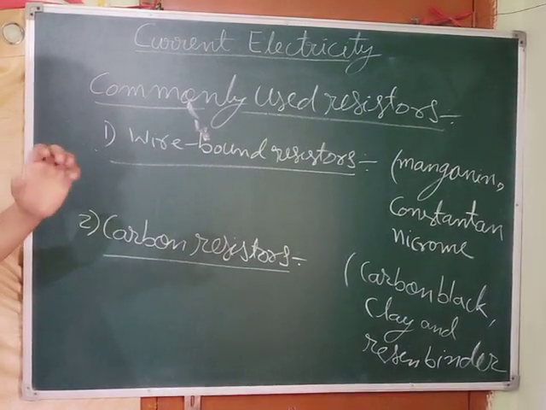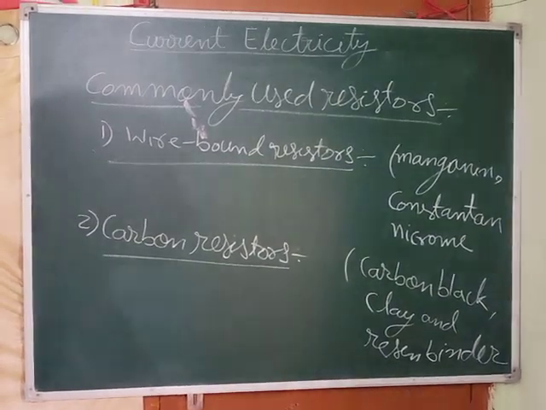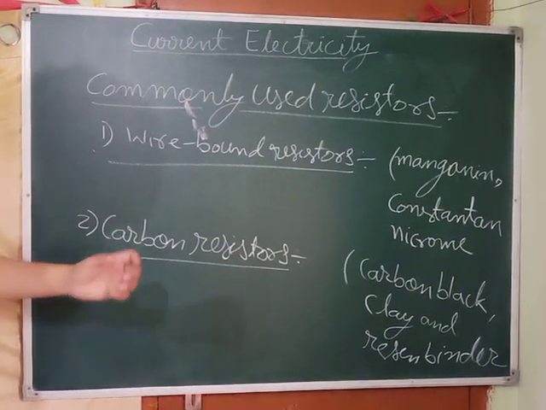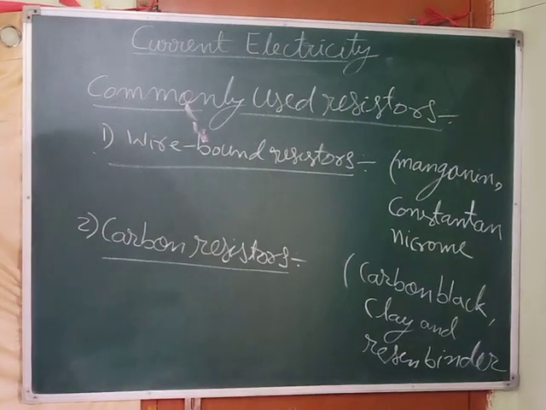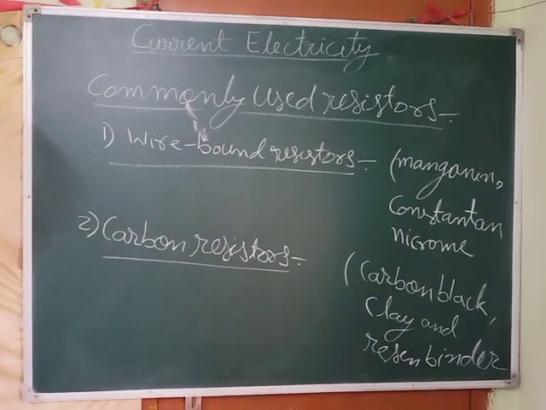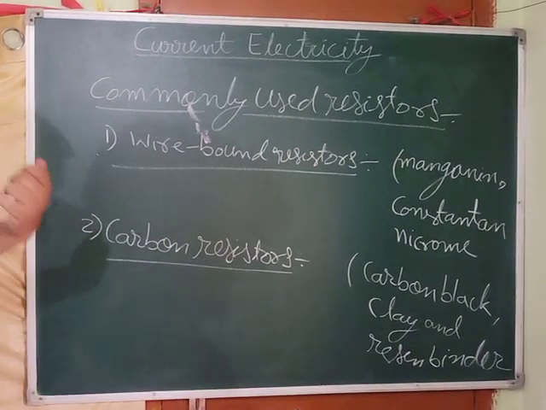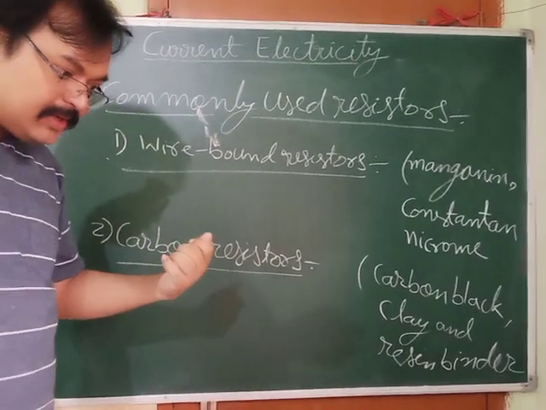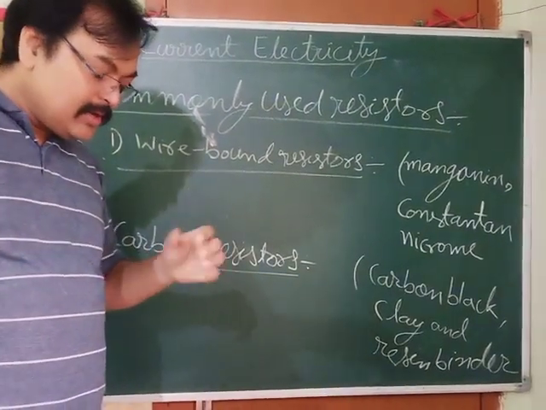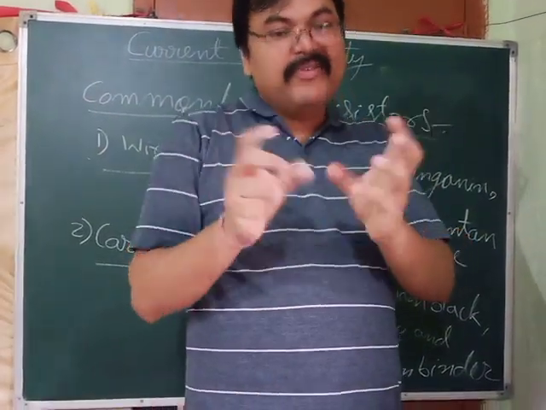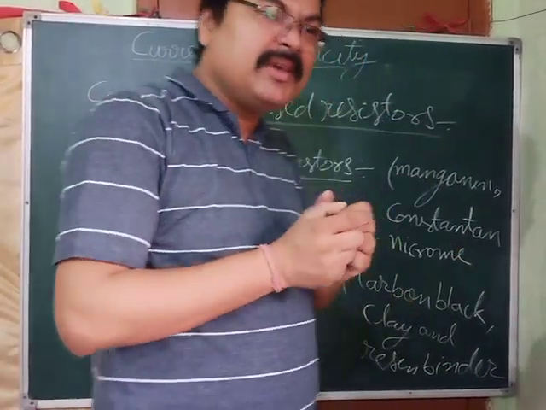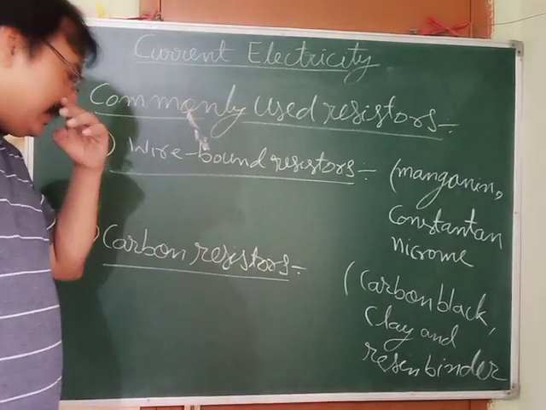Then it is enclosed in a ceramic or plastic jacket. Jacket means a covering of plastic or ceramic. So that is all about carbon resistors.